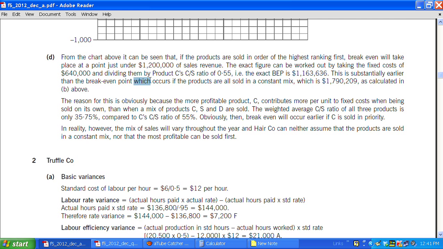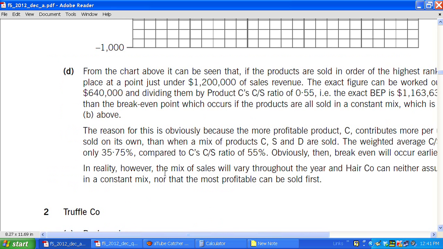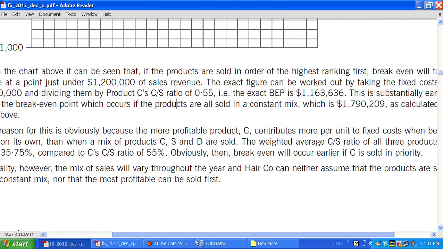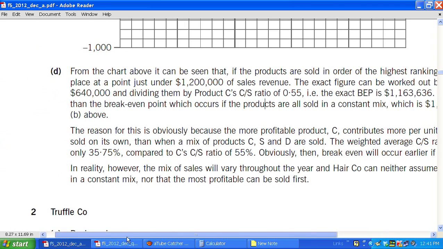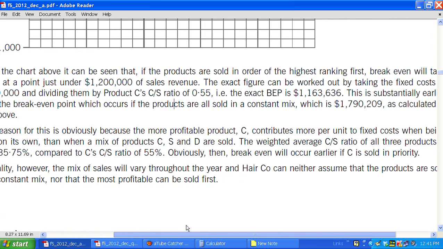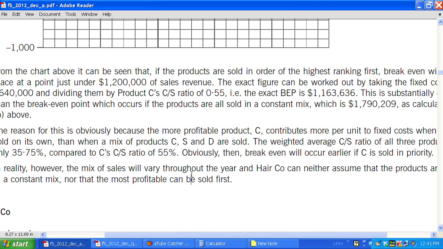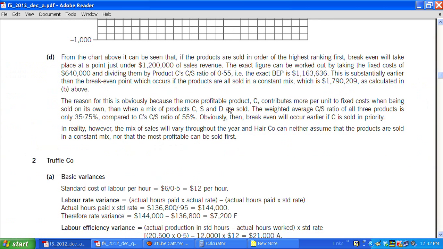Briefly, let's look at the examiner's solution. The commentary. Of course, you wouldn't be expected to write this, but here are the key points to pick out. From the chart you can see break-even will be at a point just under that.